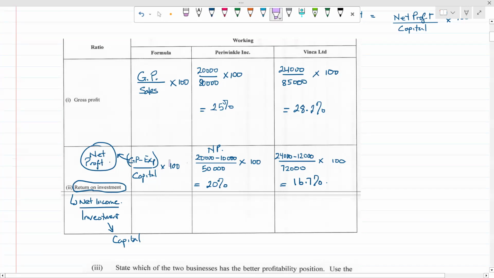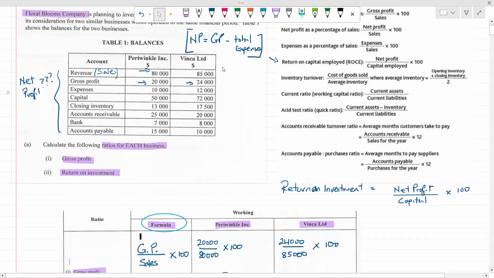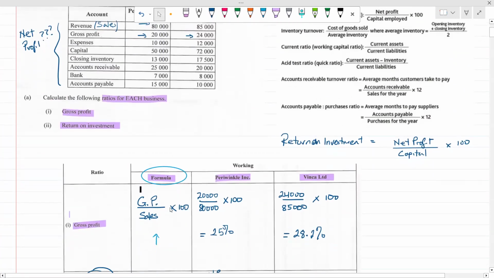The first part is asking us to state what the formula is, and then we have to show our working for this ratio for the two companies, Periwinkle Inc. and Winkle Inc. So here I am stating what my formula is. Then I go to the list of balances, get the information and plug it into the formula, so I can calculate the gross profit for each company.